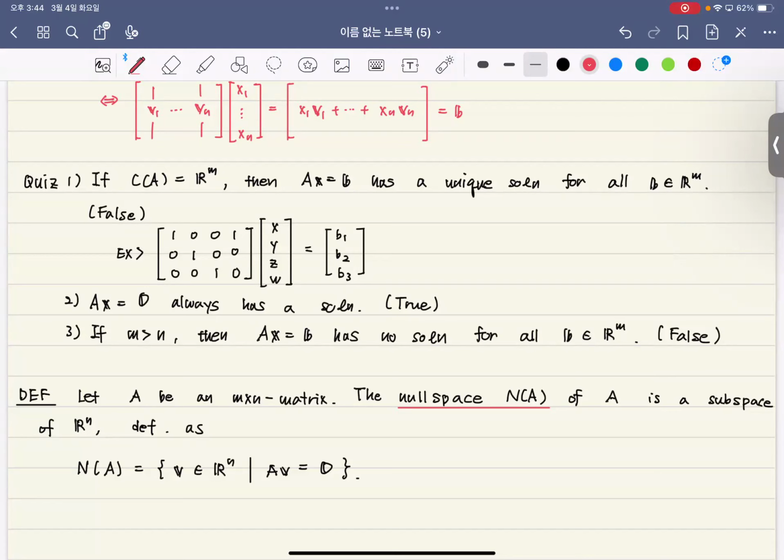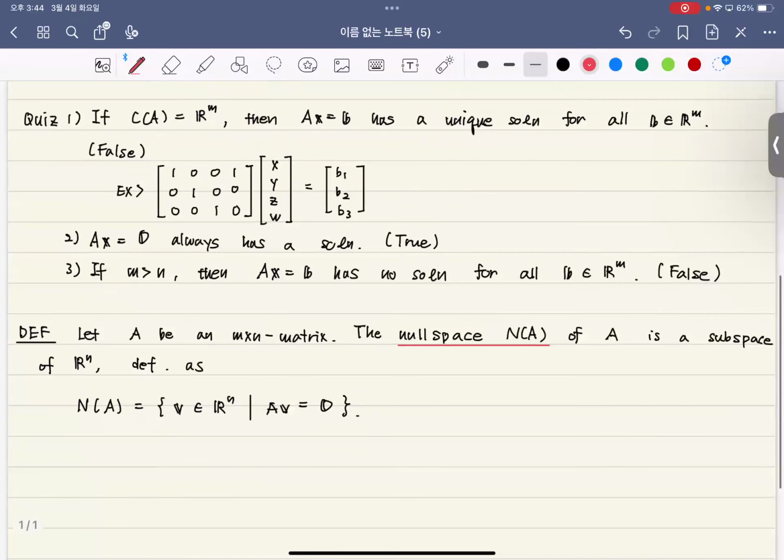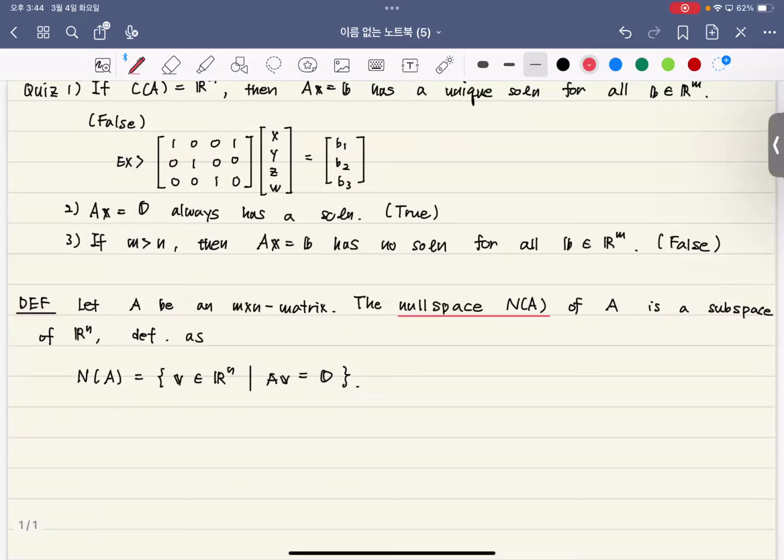Okay, so this is a subspace. If v1, v2 are members of N(A), then A(v1 + v2) is again, by linearity, 0.